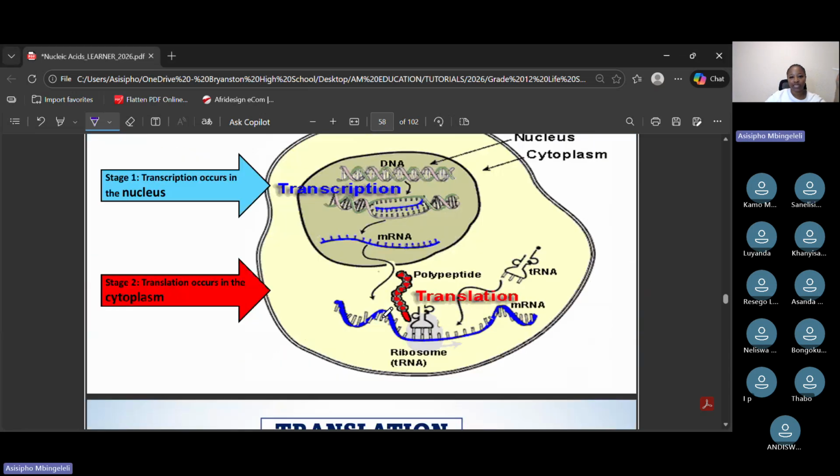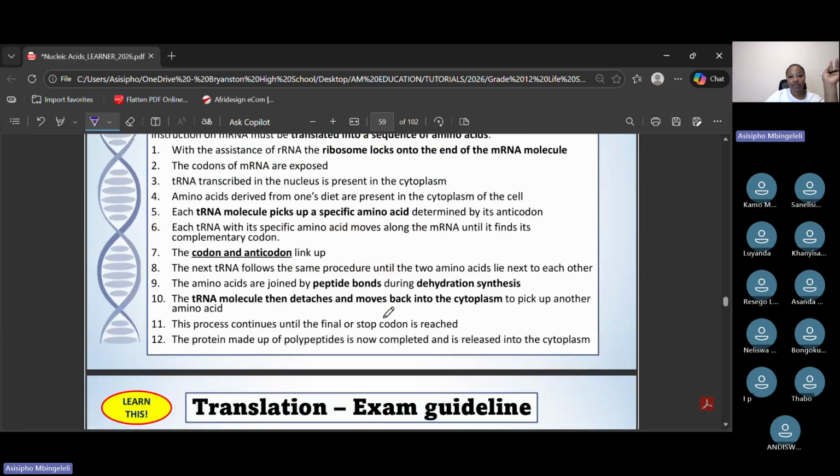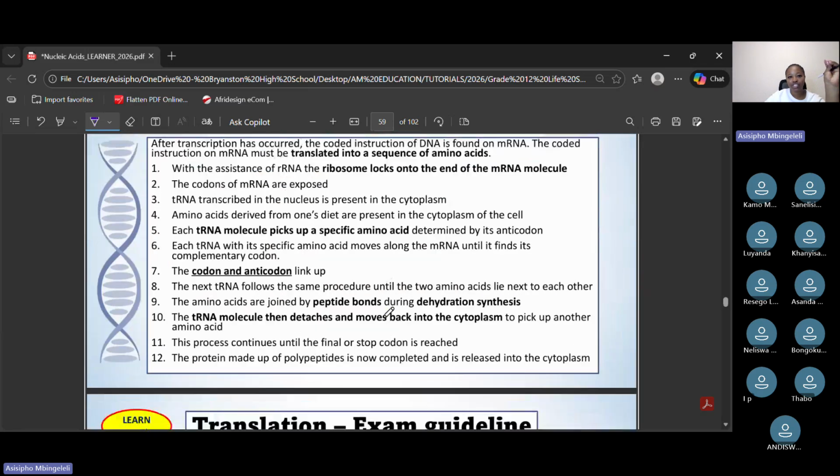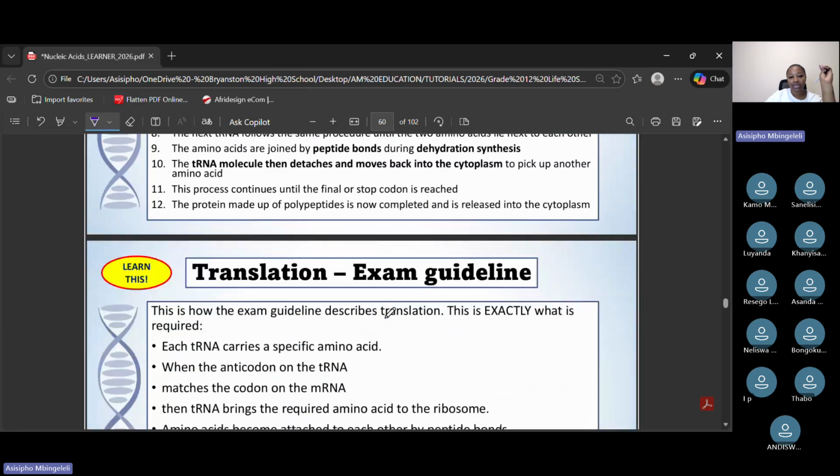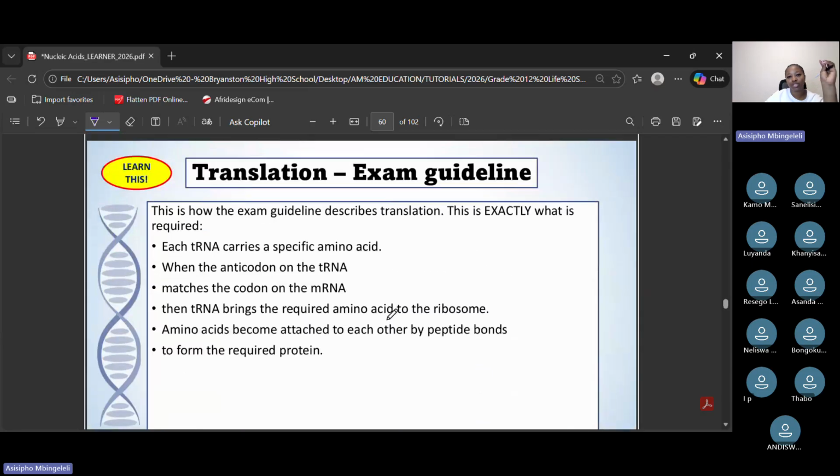All right, we're skipping these diagrams. There is the information about translation, but these are the points you need to mention to get 6 marks. Each transfer RNA carries a specific amino acid. What are we describing here? Translation.